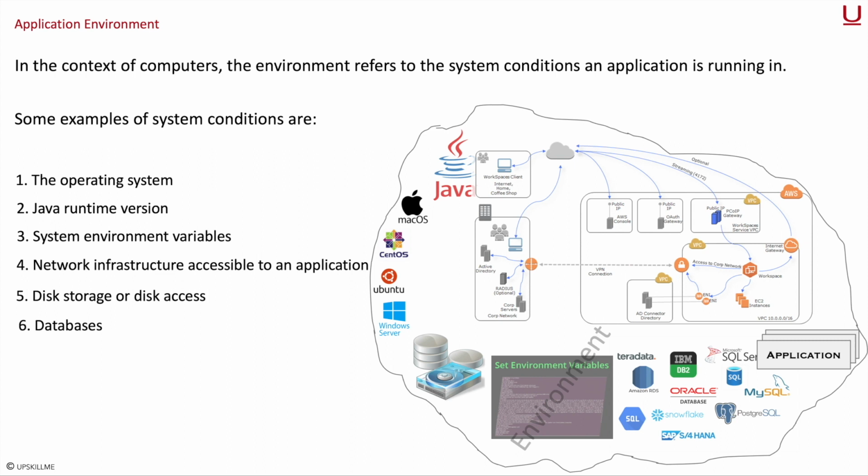These are some examples of system conditions. There may be other system conditions as well. For example, on which cloud you are deploying an application, as AWS is comparatively different than Google Cloud.